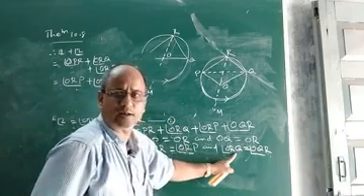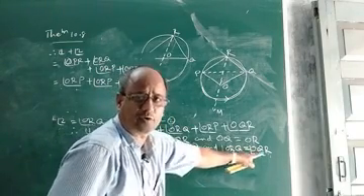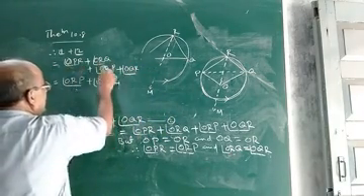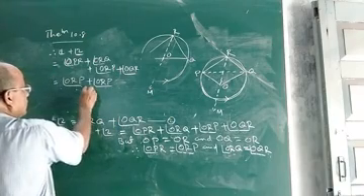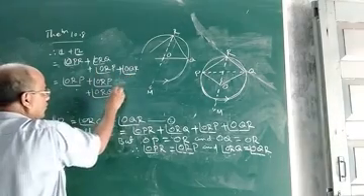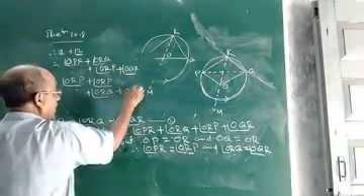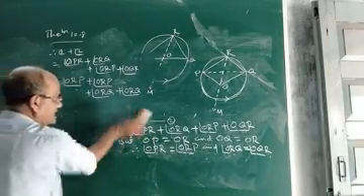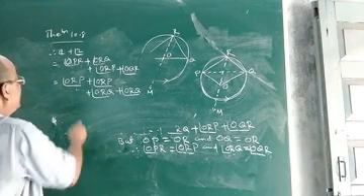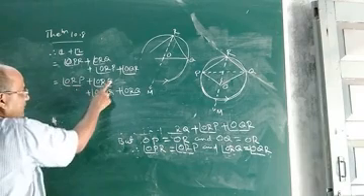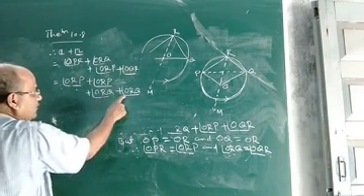So in place of angle OQR we can write angle ORQ. Very simple. So what did we get? Angle 1 plus 2 is equal to angle ORP plus angle ORP plus angle ORQ plus angle ORQ.